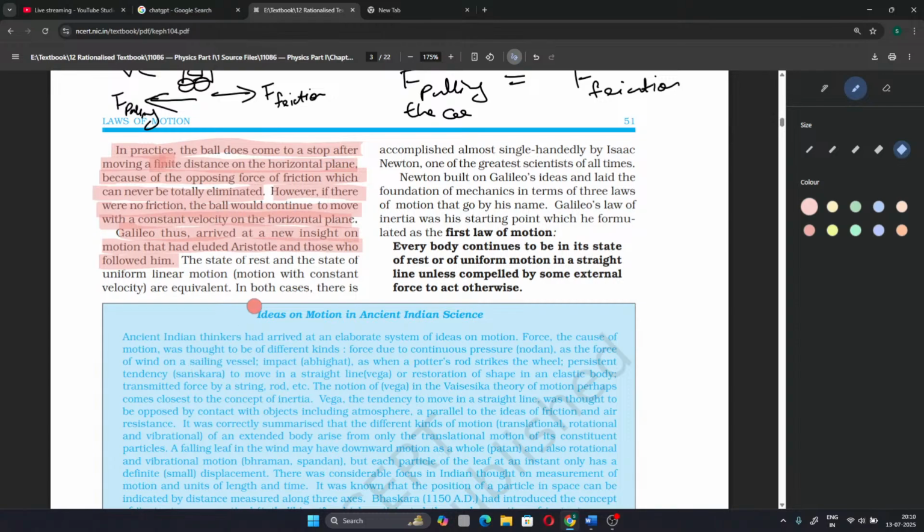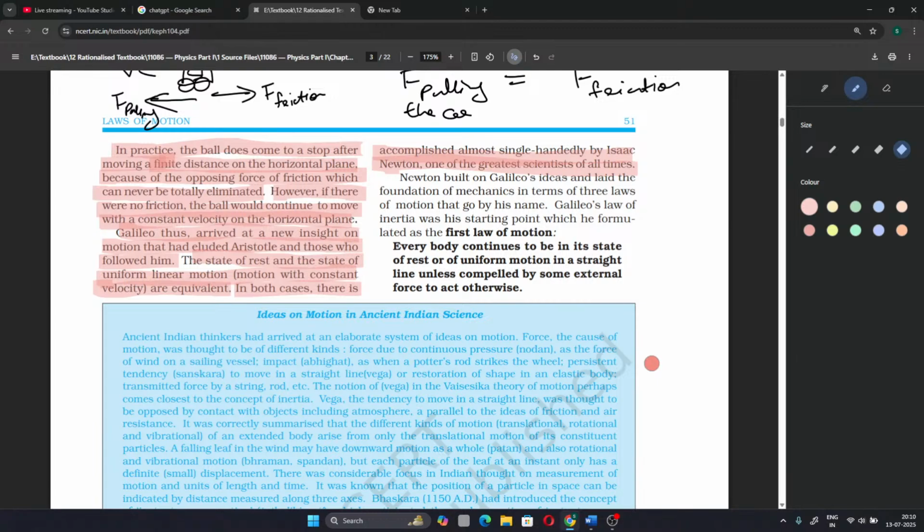The state of rest and the state of uniform linear motion, motion with constant velocity, are equivalent. In both cases, there is no net force; this was accomplished single-handedly by Isaac Newton, one of the greatest scientists of all time. Basically, Galileo observed inertia first.